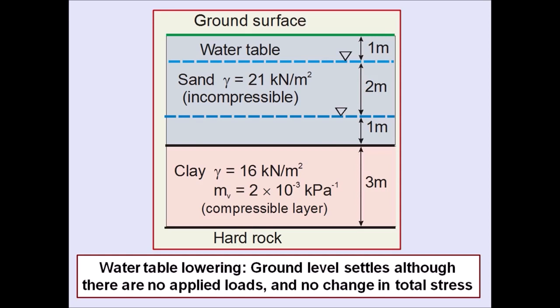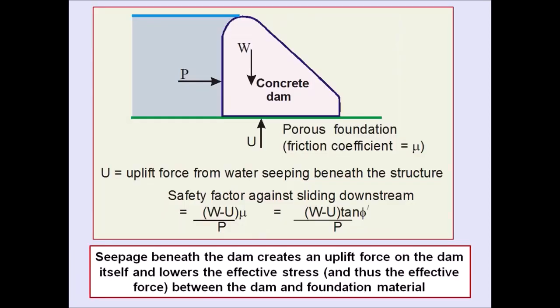So by working out the effective stress at the center of the clay layer, the students will find out that the effective stress increases and causes a compression of that clay layer, which can be calculated using the simple relationship I mentioned between compressibility and the applied load via that mv parameter.